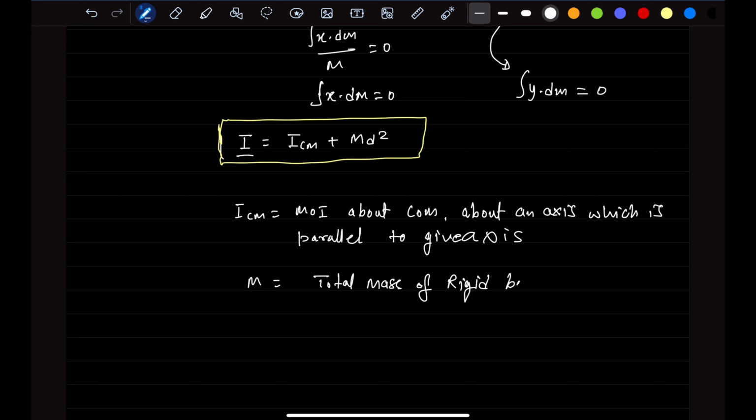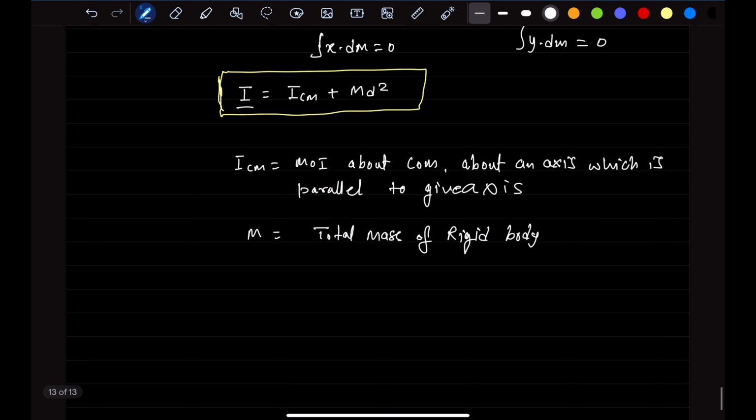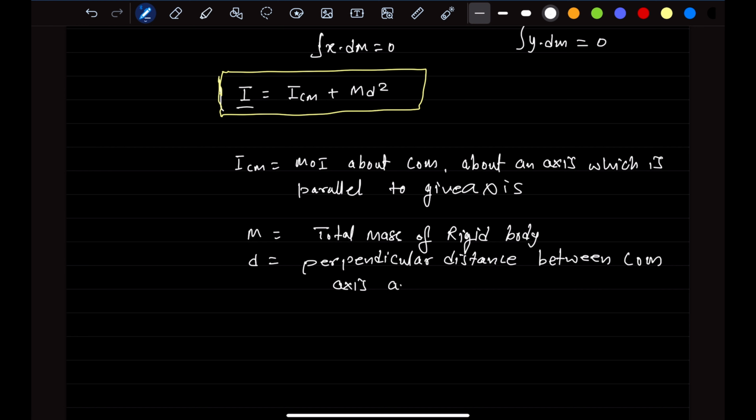And what is d? d is the perpendicular distance between the COM axis, the center of mass axis, and the given axis. Right?